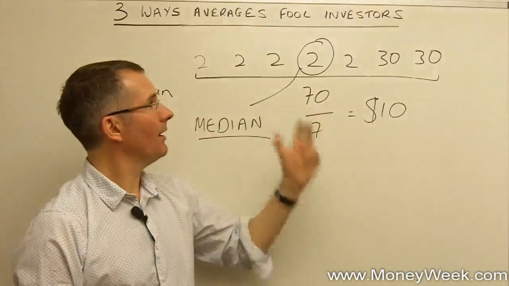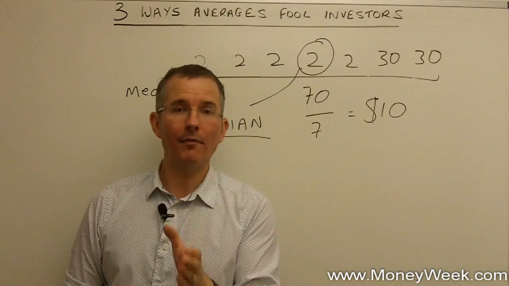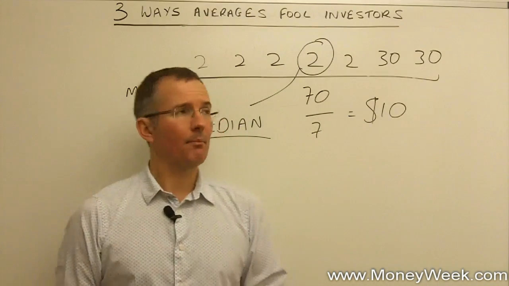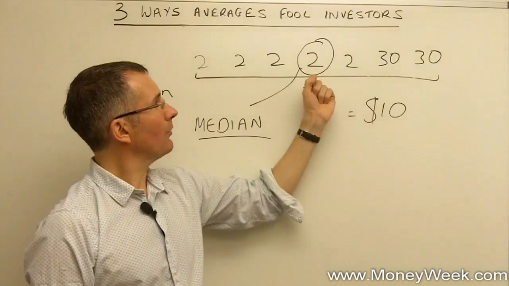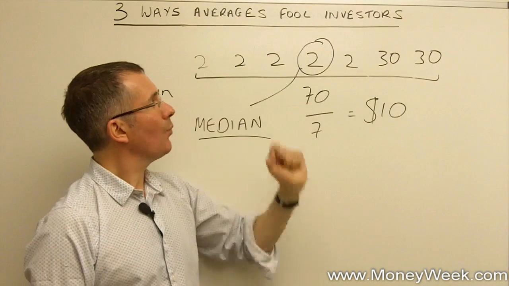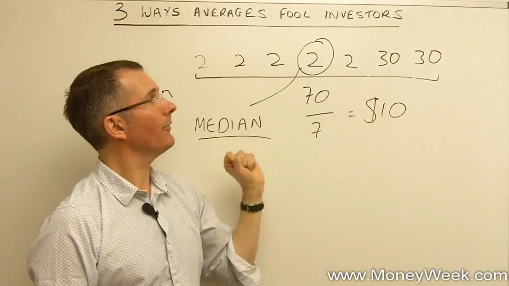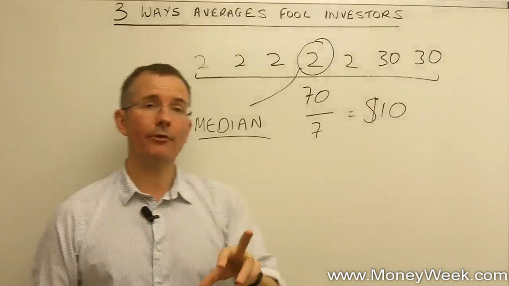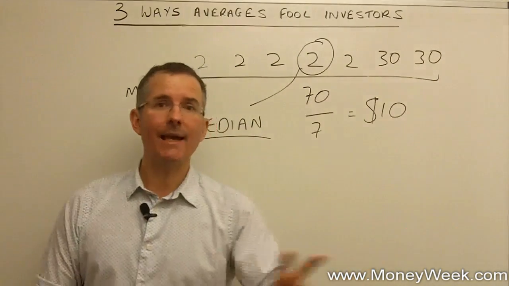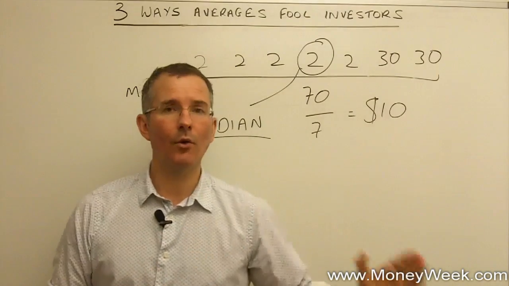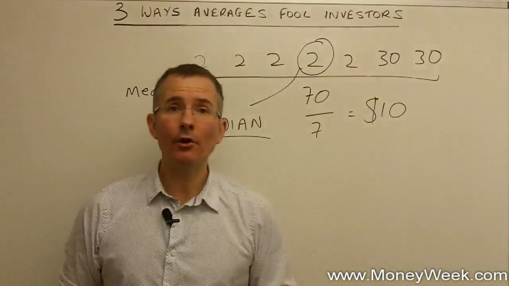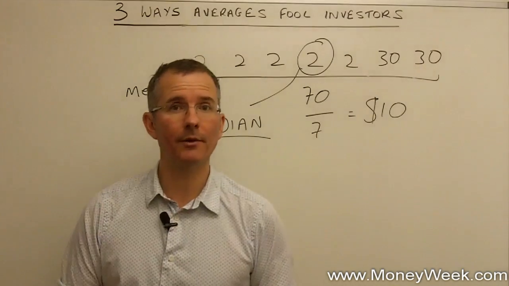You might end up with a number that isn't actually one of the items in the sample. And that can be a problem, because knowing what's right in the middle will at least take account of the outliers. That's where the median's better than the mean. It doesn't get distorted so much by big outlying numbers on the low side or the high side, but it still might not give you an exact reading like 2, which is where the mode comes in.